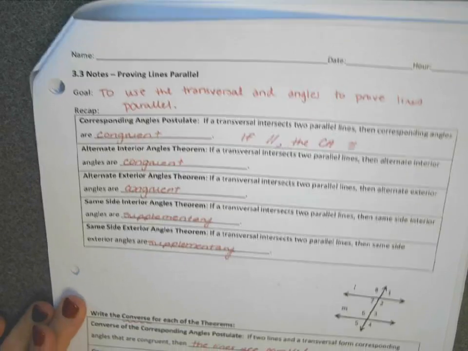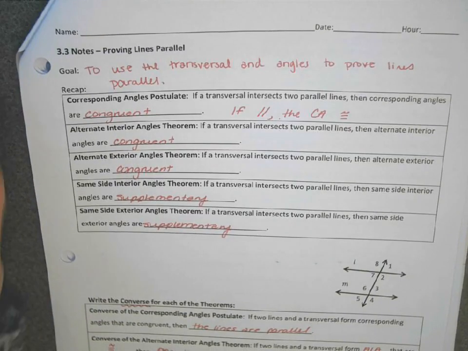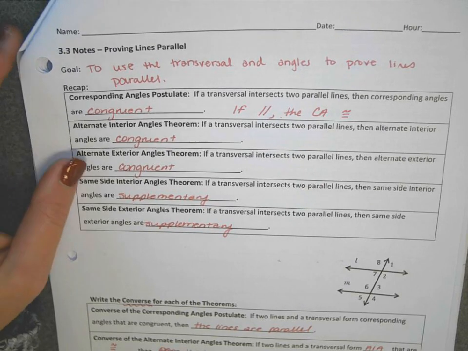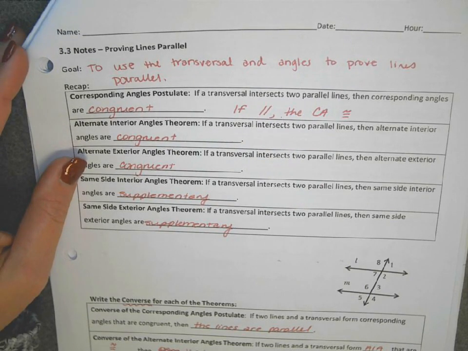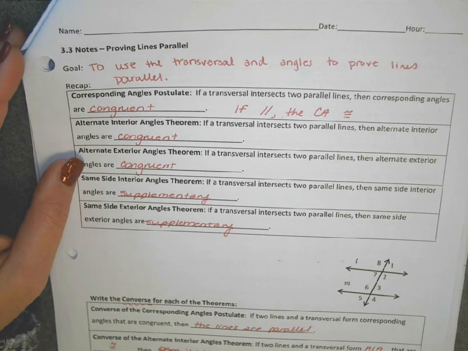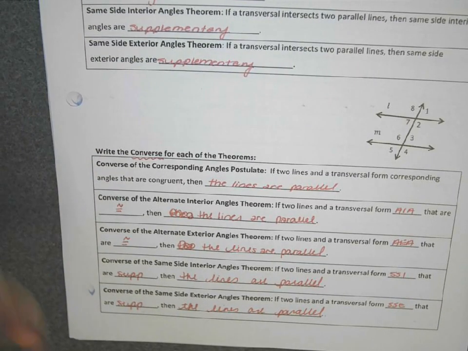The converse, though, is then going to be a little bit different. The converse will say if 2 lines and a transversal form corresponding angles that are congruent, then the lines are parallel. Okay? So now for the converses, we have to have those relationships happening, and if that's happening, then we can say that the lines are parallel.